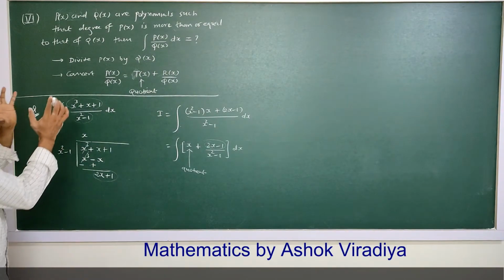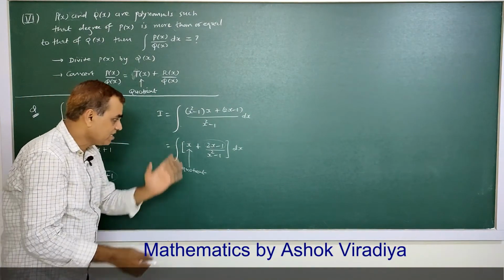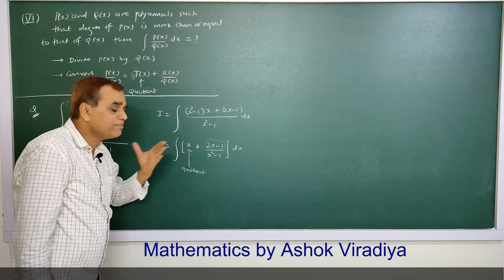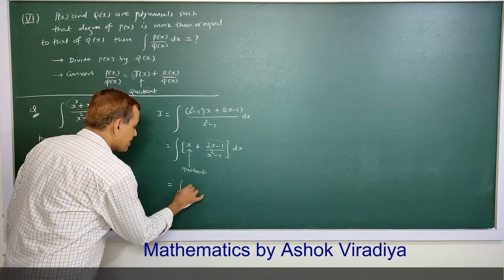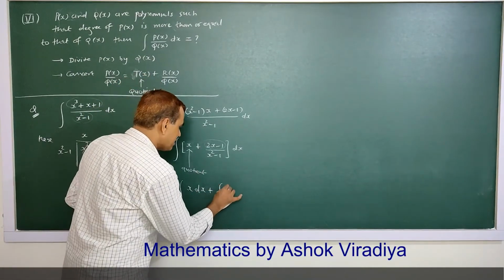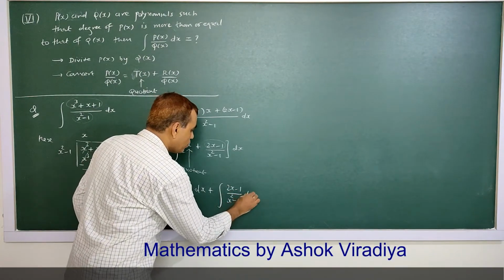So given px by qx rational function can be expressed as quotient plus remainder upon divisor. Now this can be integrated. So separating this, x dx plus 2x plus 1 upon x square minus 1 dx.